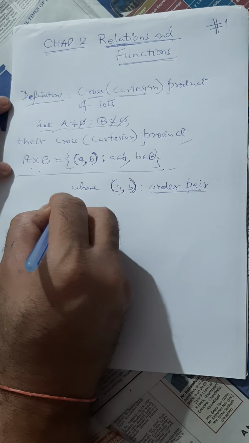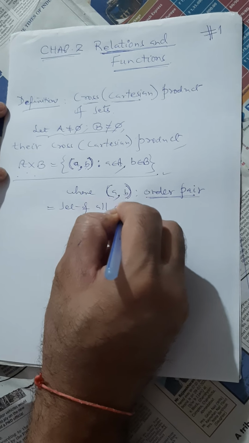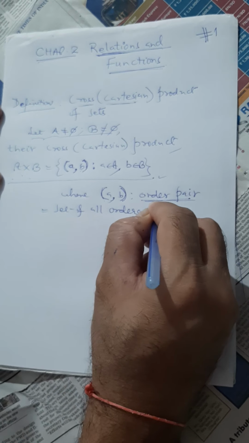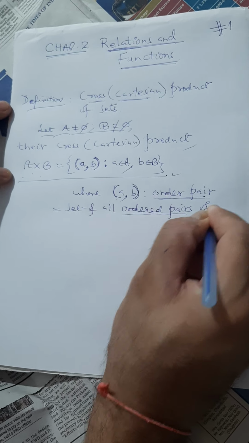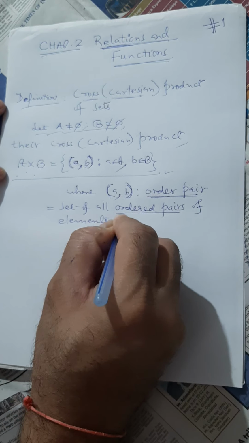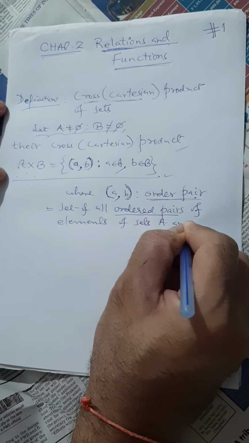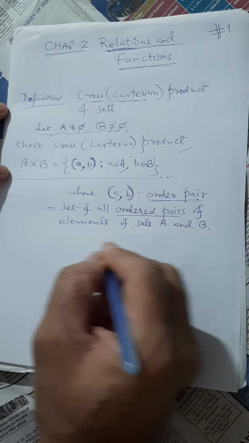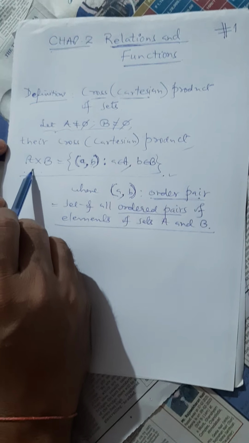So if you want, you can write it like this: the set of all ordered pairs of elements of sets A and B. This is A cross B. I repeat, what is A cross B?